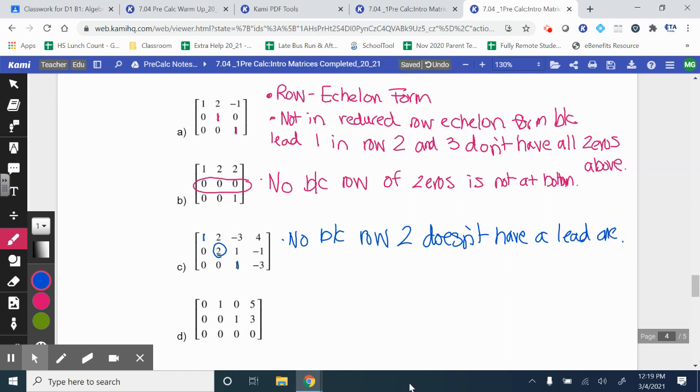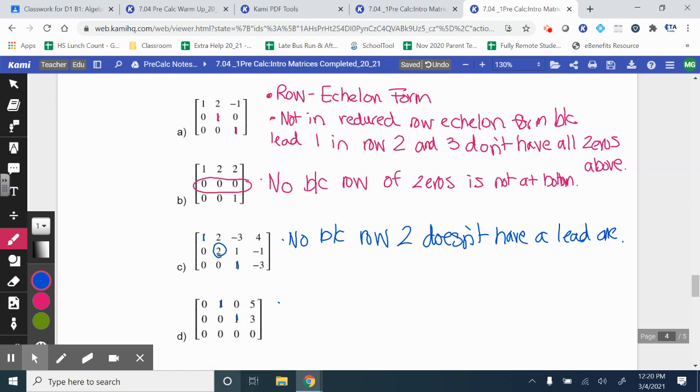And letter D, our row of zeros is at the bottom. And each of our first entries is a 1 after all the zeros in front of it. So this one is in row echelon form. So now the question is, is it in reduced row echelon form? So that's where we want to look at all of our leading ones and make sure there's zeros above and below. So here is our lead 1, there's zeros below. Here's another lead 1, a 0 above and below.